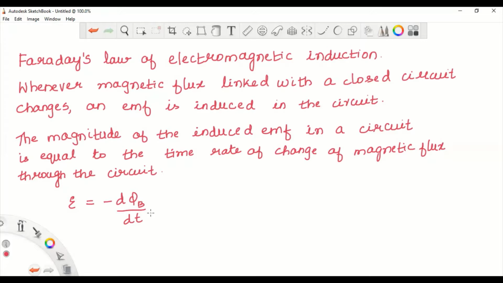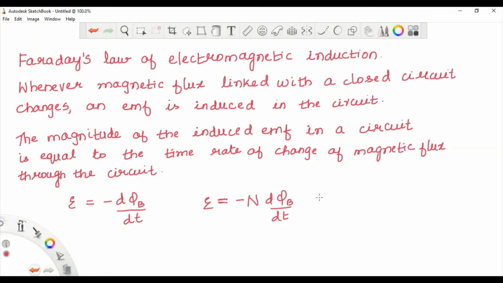Now let us consider a coil which has n number of turns. Then the change of flux associated with each turn is the same. Therefore, the expression for the total induced EMF is given by, if the coil has n number of turns, then the induced EMF will be given as minus n d phi B by dt.